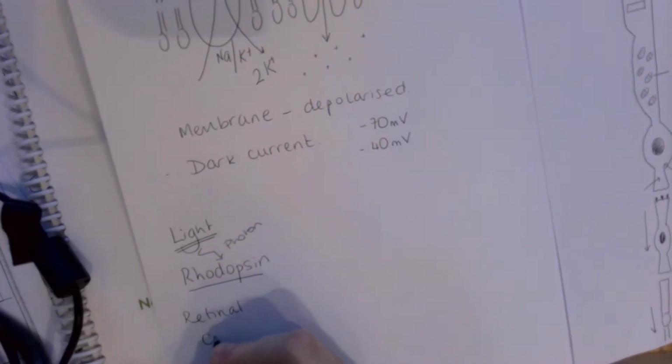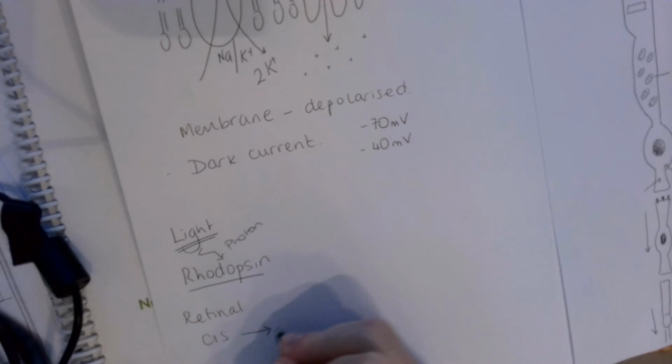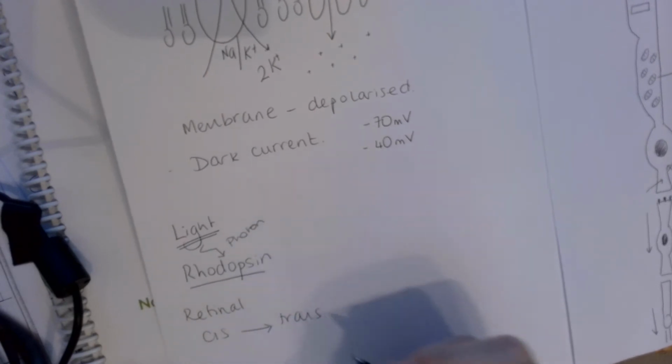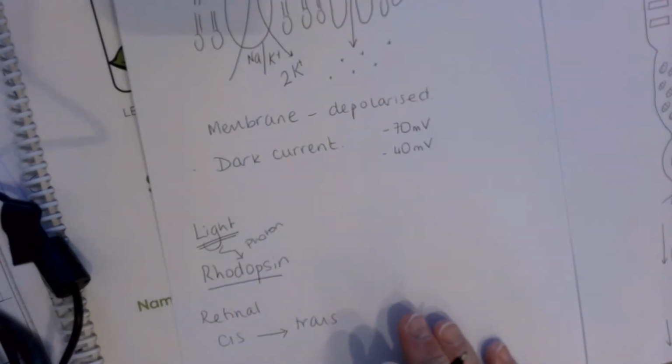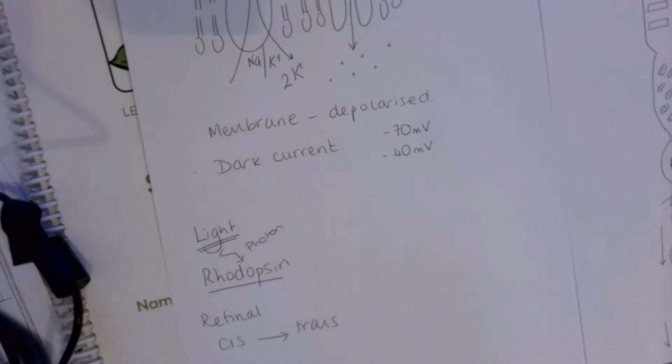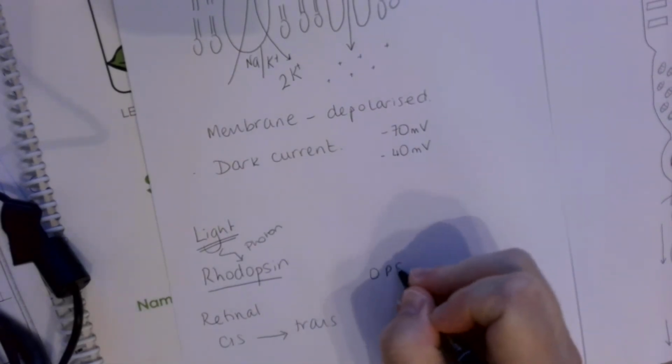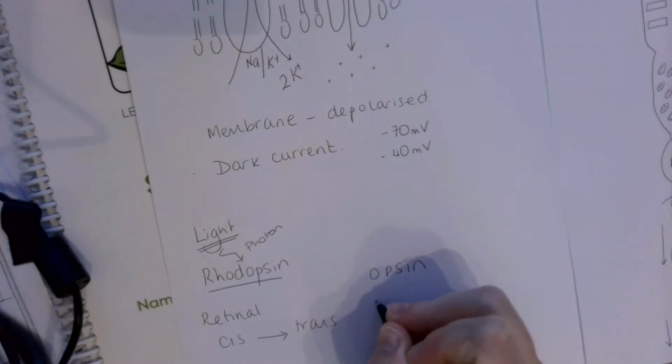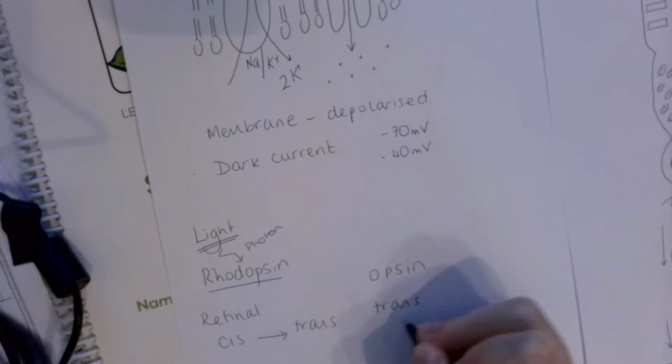So it's going to go from its cis form into the trans form. It's going to have a change of shape, and it means that it's no longer going to be tightly bound to opsin, and so the bond is actually going to break. So I'm now left with opsin, and I'm left with trans retinol.